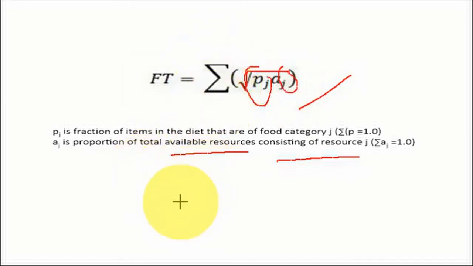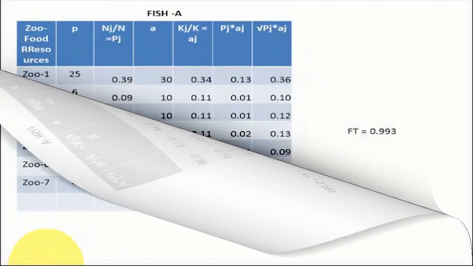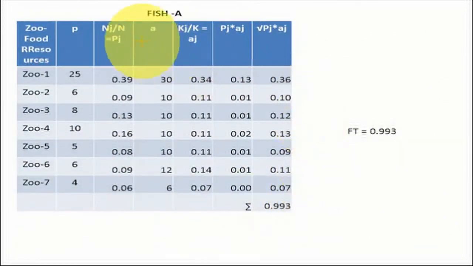And you will find it's very surprising that this Smith diet breadth will also show the same result as Halbert's diet breadth. Here in the first case you can see fish A is calculated in a similar way: Pj, then Aj, then here Pj into Aj.